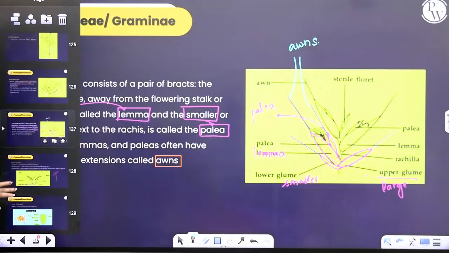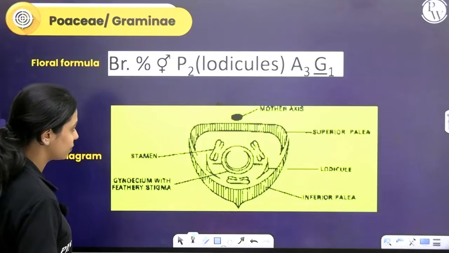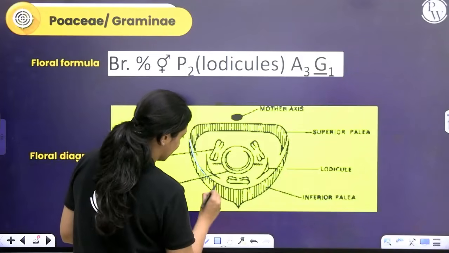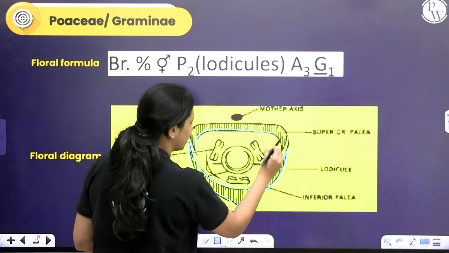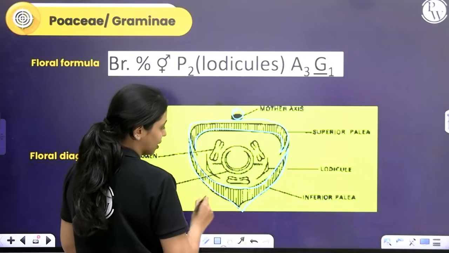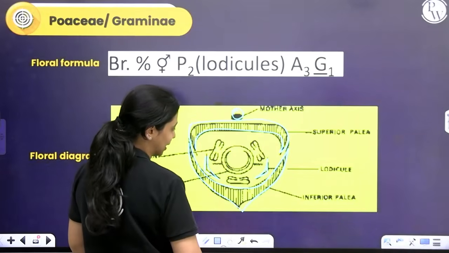So here what you're looking at is the larger bract, lemma, and this one here is the smaller bract, palea. This is the mother axis. You can see here are the lodicules, two of them, very small, highly reduced.